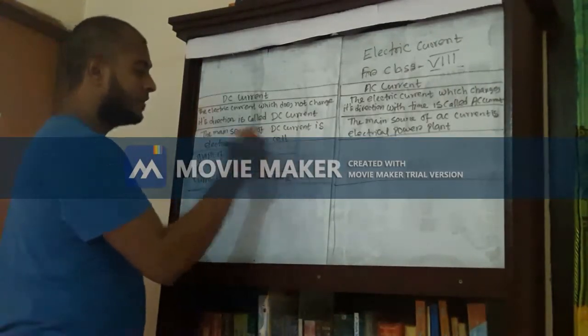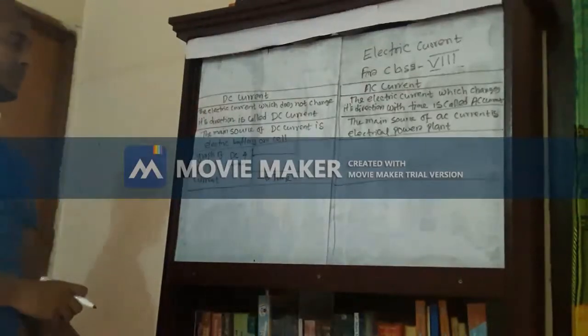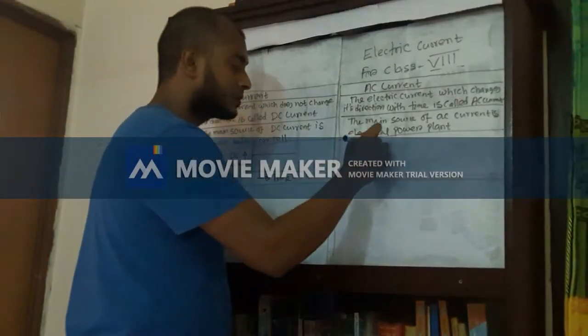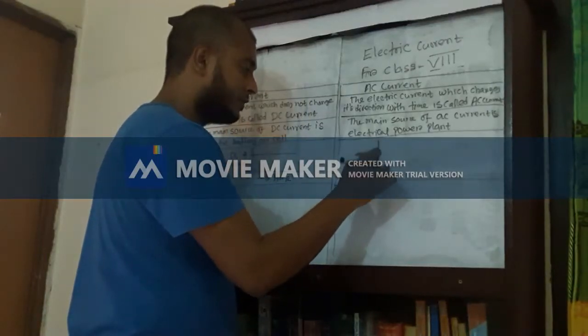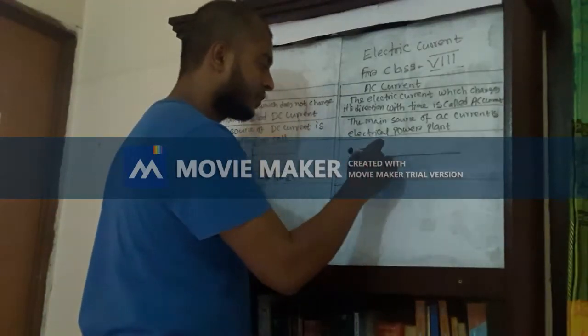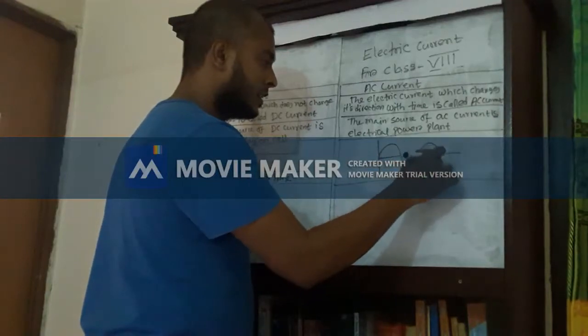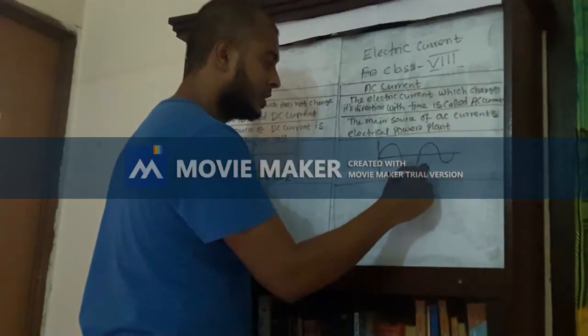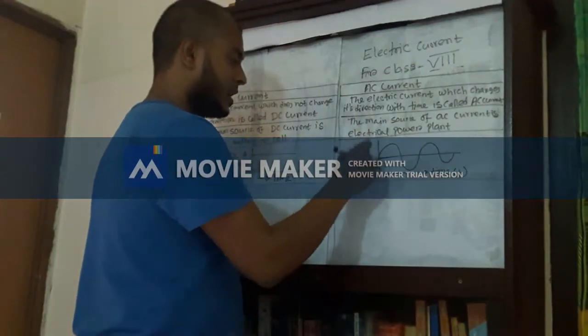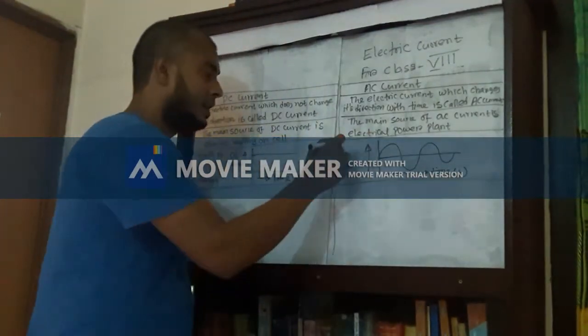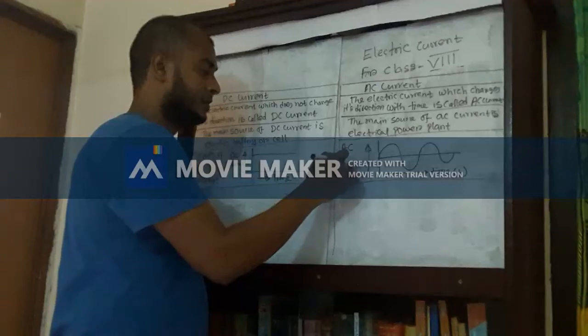So the graph is a straight line. Now the graph of AC current, this is AC current source, this time t, and this is AC current.